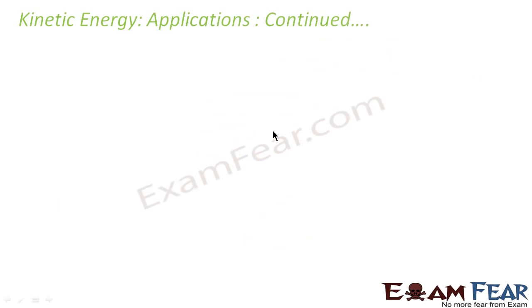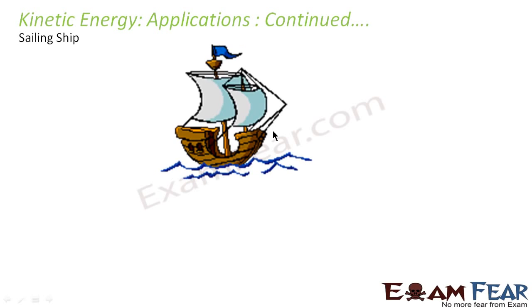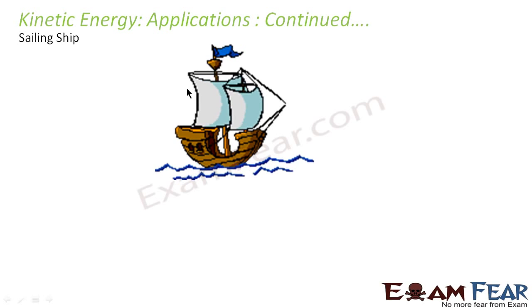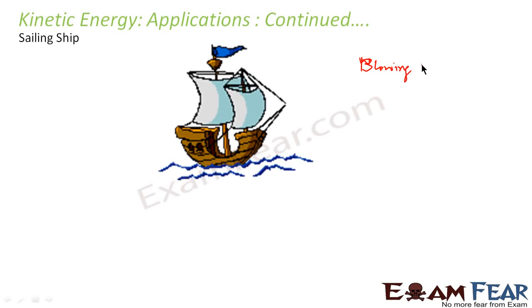We can also take another example of application of kinetic energy, which we normally see in a sailing ship. What happens in this case is, you would have seen that when the ship sails, there is a huge wind which keeps blowing. The blowing wind has nothing but kinetic energy. As I told you, anything in motion will have kinetic energy.